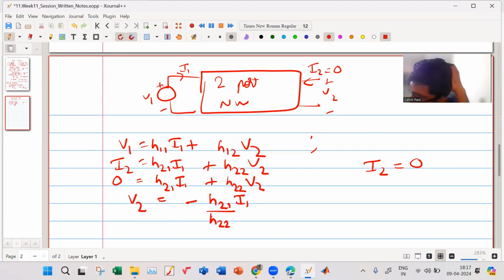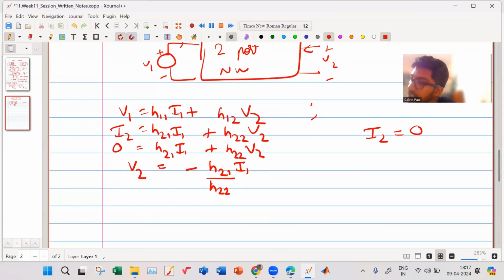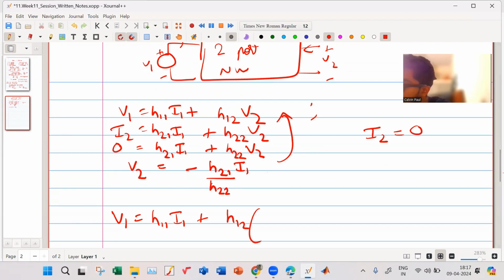Any doubt here? So now I put this in this equation. So I get V1 is equal to H11 I1 plus H12 into minus of H21 upon H22 into I1.